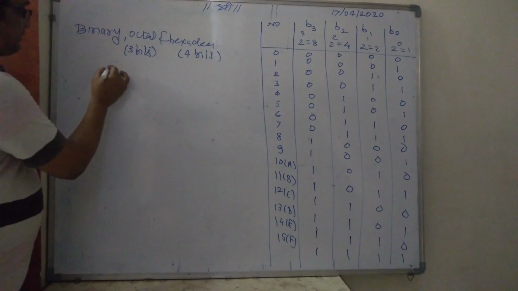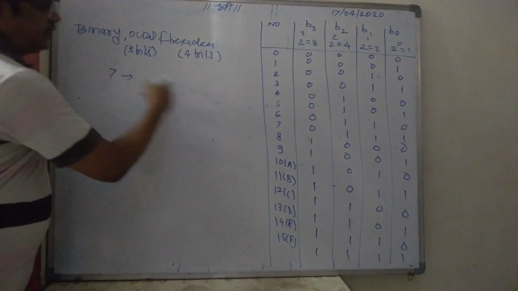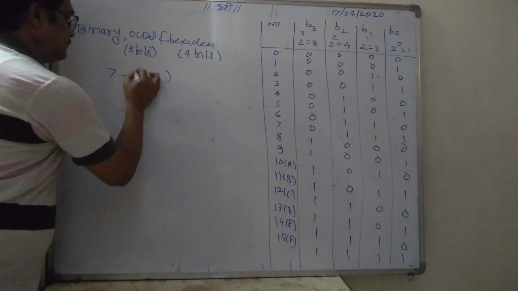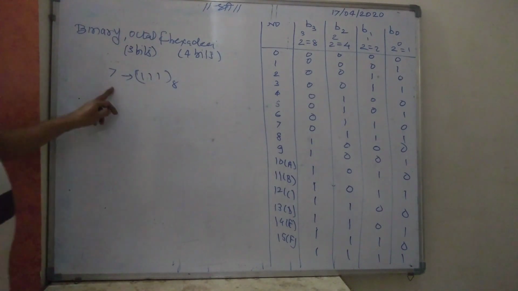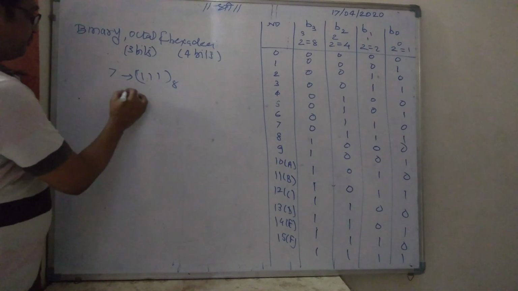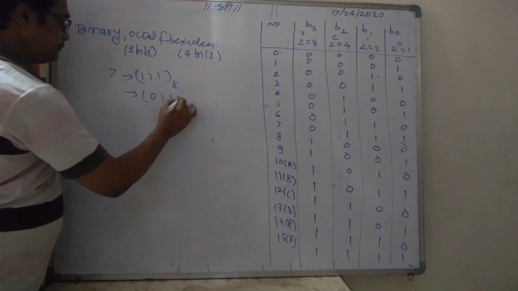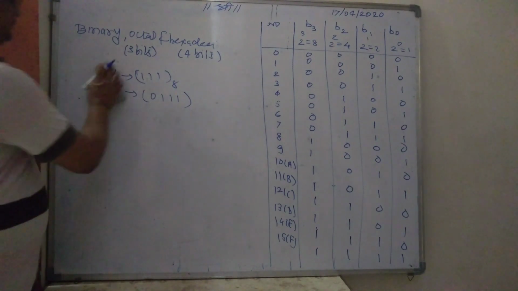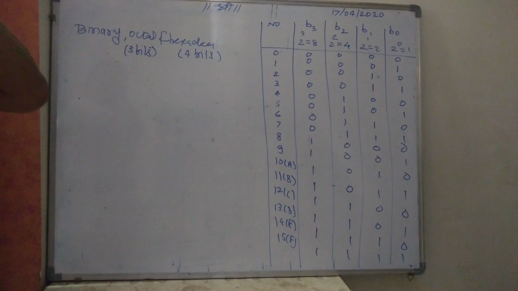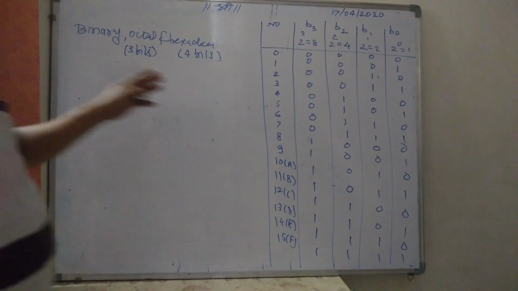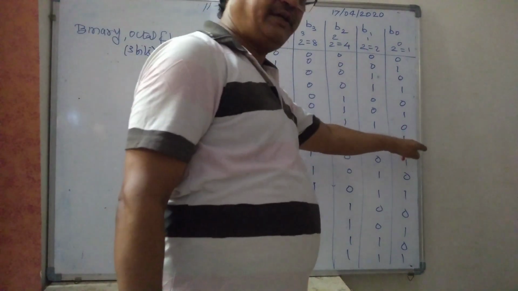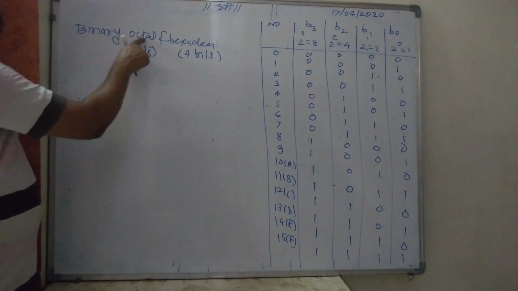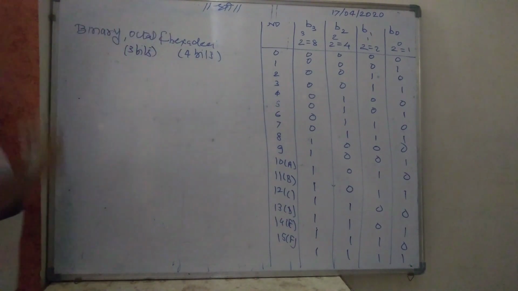So if you want to represent 7 in octal, 111. But if you want to represent this 7 in hexadecimal, then it will be 4 bits. So 3 bits for octal representation, 4 bits for hexadecimal representation. So first we will study binary to octal, binary to hexadecimal.